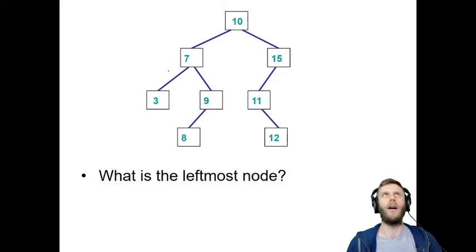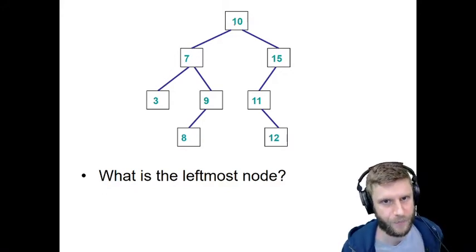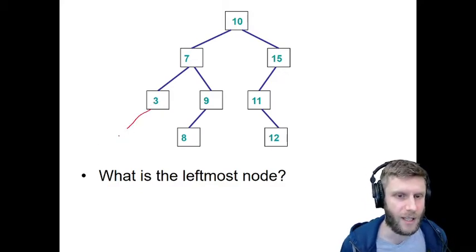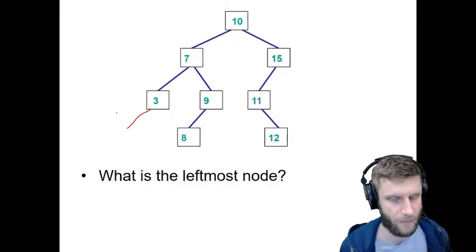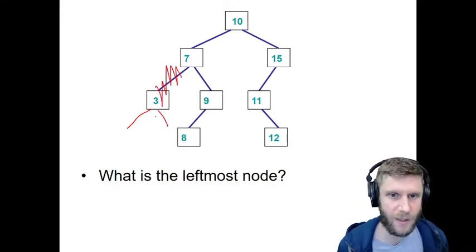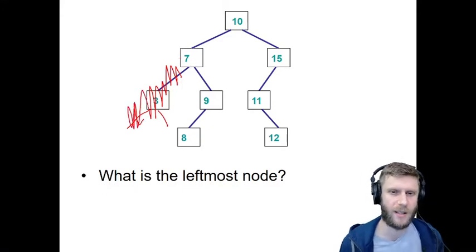Well, actually here, the node to the left, okay? If everything to the left of it must be less than it, right? Anything to the right must be greater. So 3 we know is the smallest, but imagine we had the 7 here and the 3 didn't exist.